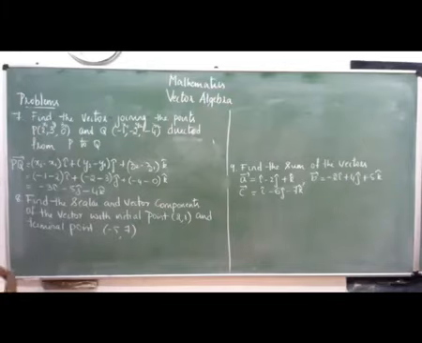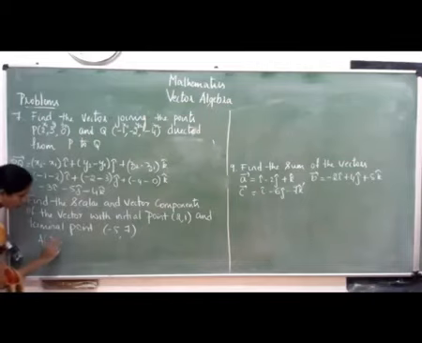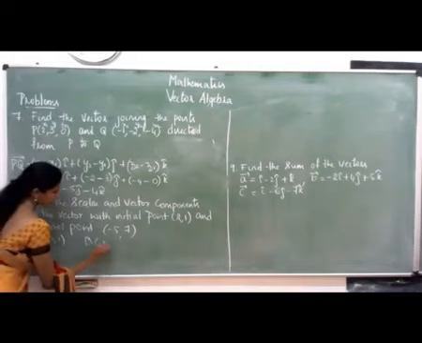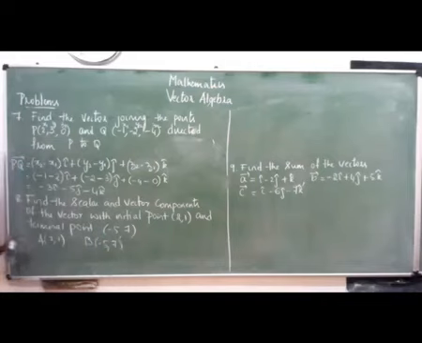A similar problem: find the scalar and vector components of the vector with the initial point and terminal point given. Let the initial point be A(2, 1) and the terminal point B(-5, 7). Again this is by using the vector joining 2 points. How to find vector AB here?